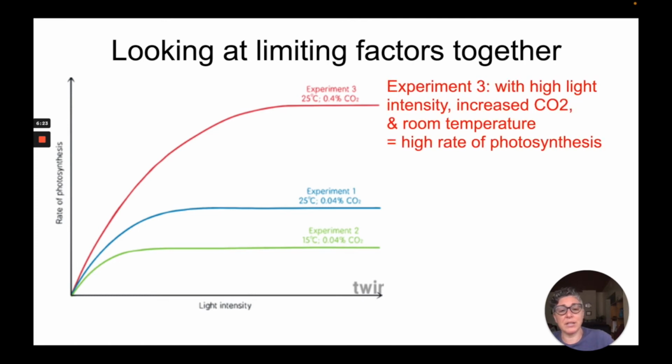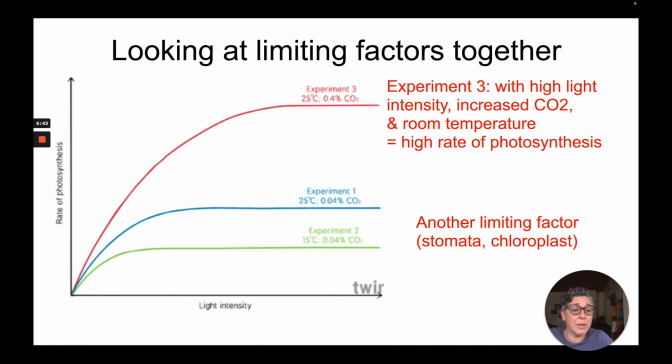All right, let's take a look at experiment 3. That's the red line. So in experiment 3, we have high light intensity, we have increased carbon dioxide at 0.4%, and we're still at room temperature, 25 degrees. We have a very high rate of photosynthesis, but we still have a plateau. So what does this tell us? It tells us that perhaps there's another limiting factor that we're not taking into account. It could be that perhaps the stomata are closed and therefore carbon dioxide can't get in.